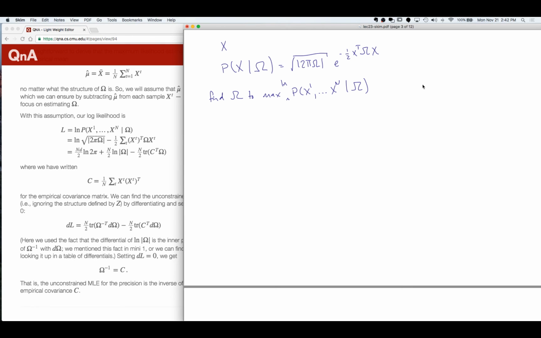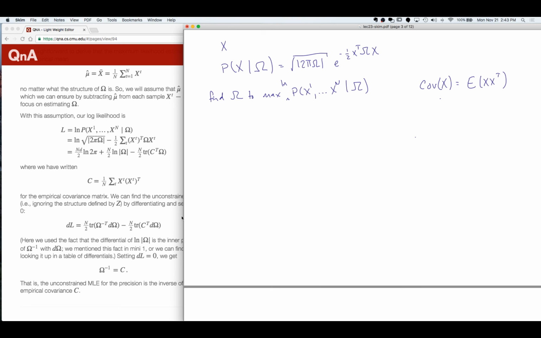We know that covariance of x is equal to the expected value of x x transpose. That's just the definition of covariance. And so the empirical covariance is where you replace the expectation by the mean over our data points.